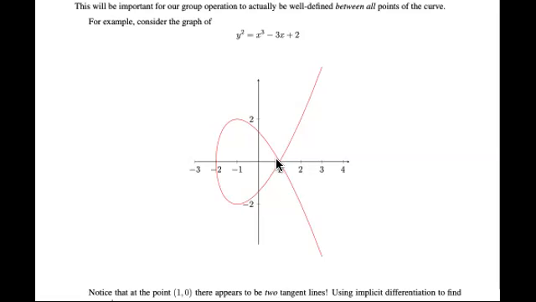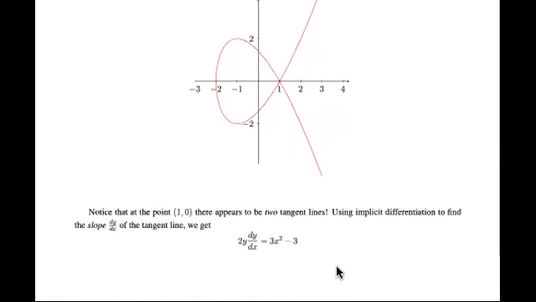Well, right here, there's a problem. There are 2 tangent lines you can pick from. And so we won't consider this, at least in our case, as an elliptic curve, just because we want the elliptic curve to specify the type of setup that we want for the group operation to hold.